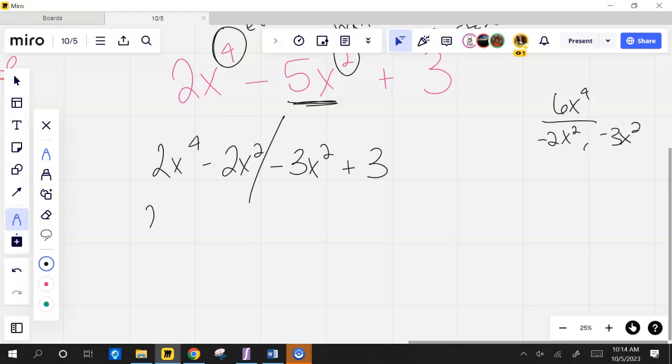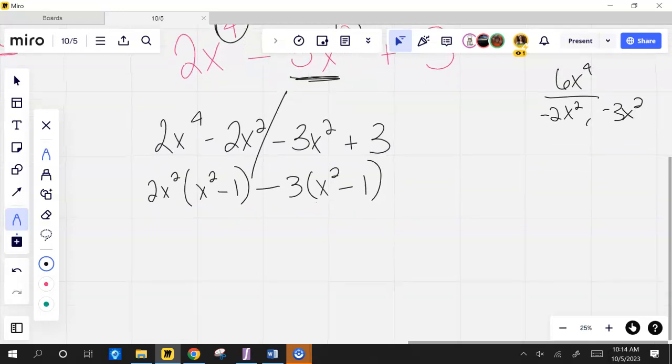That's exactly right. 2x squared, what's left when you take that out? x squared minus 1. I've got this middle sign here. What can you take out of the last, and what's left? Close. I've got to change that last sign since that middle was a minus, right? So now finish factoring that.